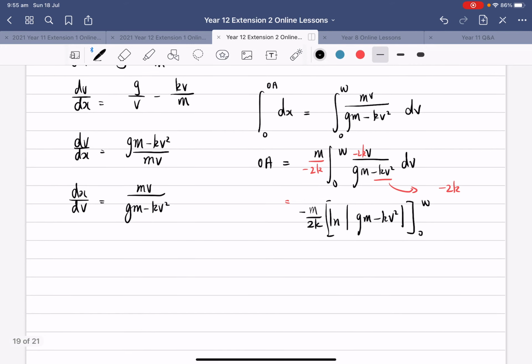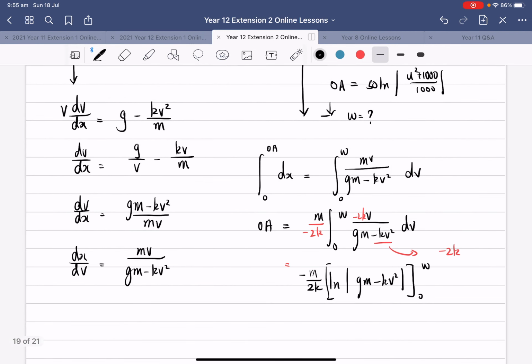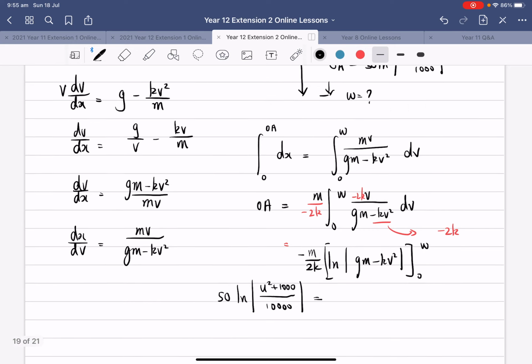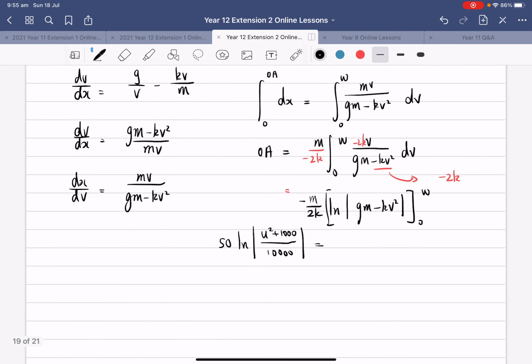Then we've got OA on the left hand side. OA is 50 ln of u squared plus 1,000 over 1,000, is equal to, let's hope I can get the right answer there, minus m over 2k ln of gm minus kw squared, minus ln gm.